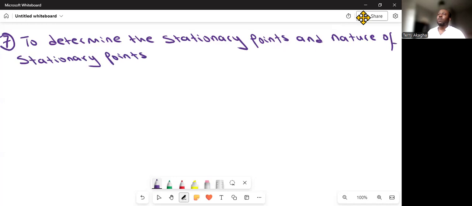Okay, so as usual, the first thing you have to do is equate dy over dx to 0, basically to find the stationary point.